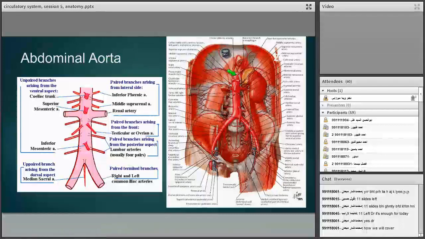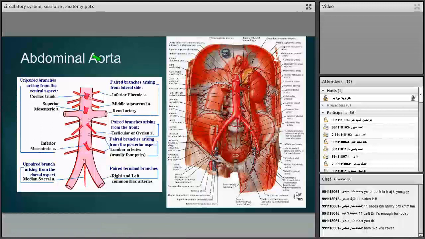The abdominal aorta is from T12 to L4. It is also on the left side of the mid-sagittal plane, and it has many branches.